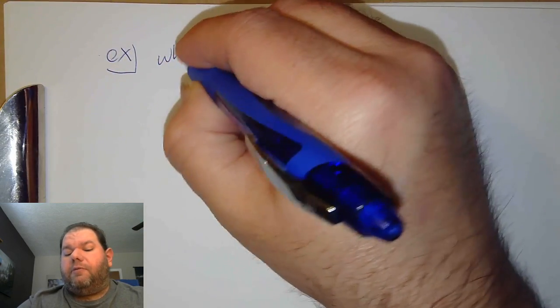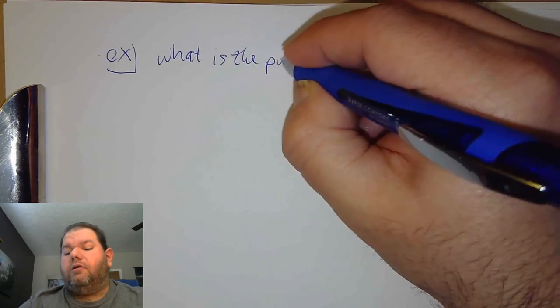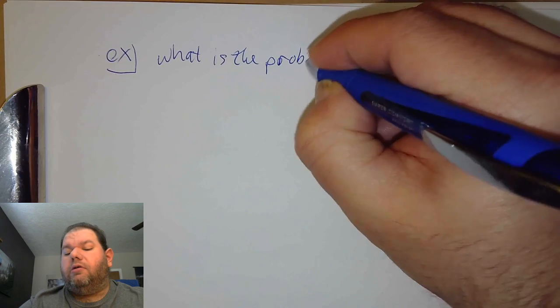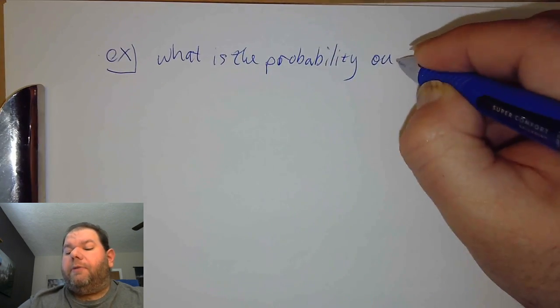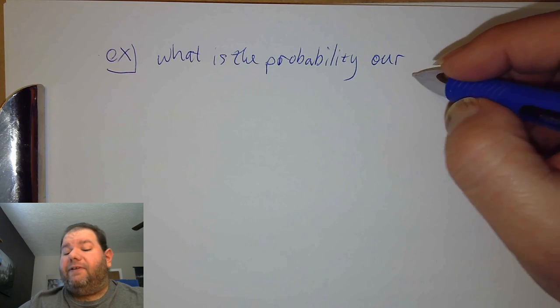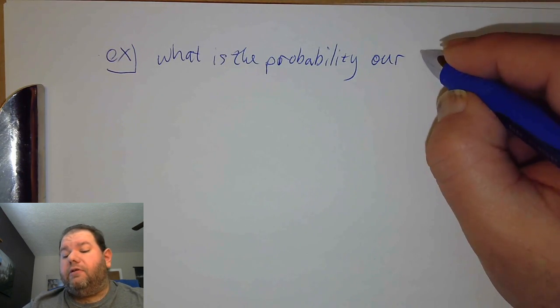What is the probability our basketball player makes at least 17 of those 23 free throw shots?